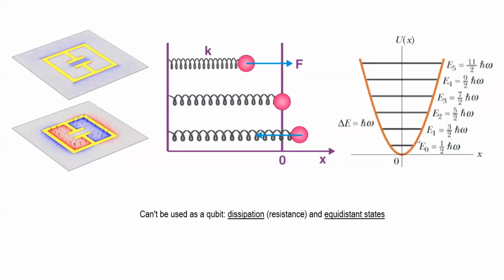Okay, so we need to make these equidistant states non-equidistant, meaning that we need to make this oscillator anharmonic. So for now this oscillator is harmonic, we need to make it anharmonic. So we need to add some anharmonicity, which means nonlinearity, when the frequency depends on the amplitude.